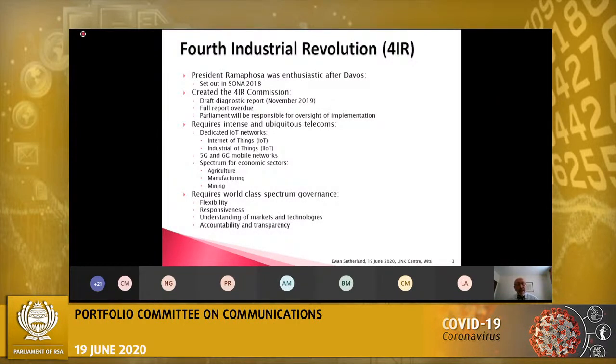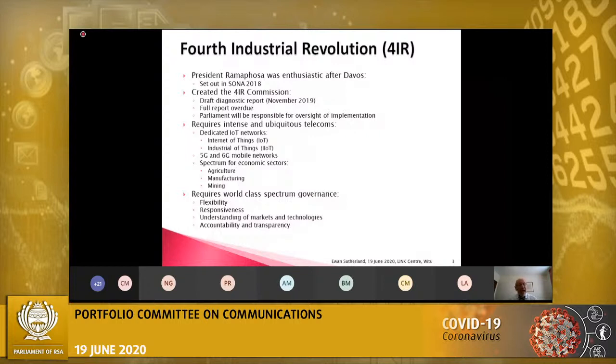You are certainly looking at 4IR requiring 5G spectrum and 5G networks and 6G networks when they become available. There's also quite a lot of work going on now to take the spectrum and use it not just for mobile operators, but for what are referred to as economic sectors or verticals. So that's use of spectrum in particular applications in agriculture.